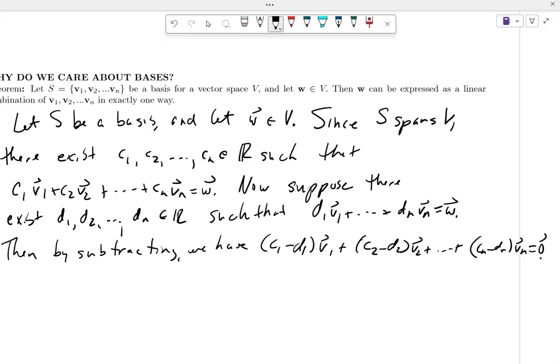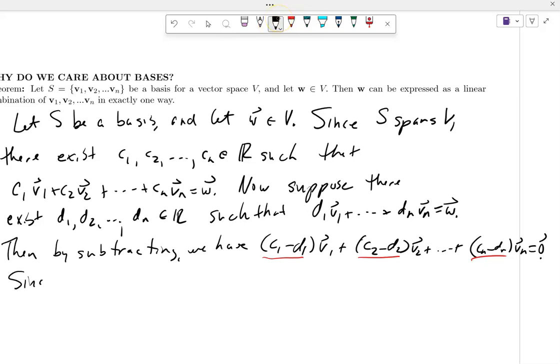Do we have a linear combination that gives us the 0 vector? Yes. Do we know that the set that we're talking about is linearly independent? Yes. So then what does that tell you about every single constant? They're all 0, right?